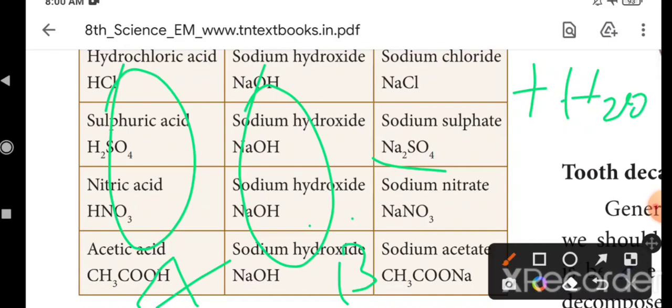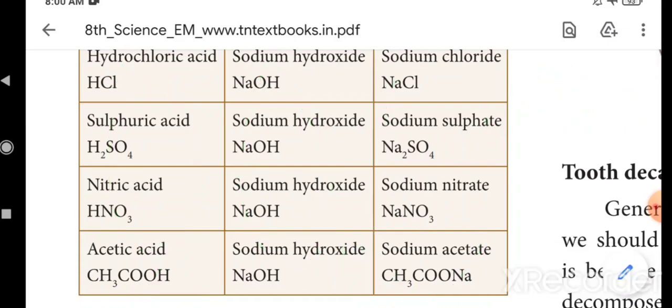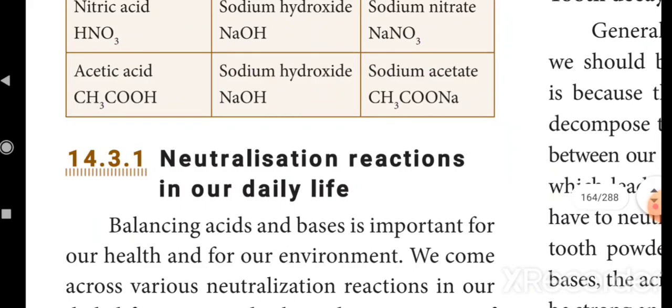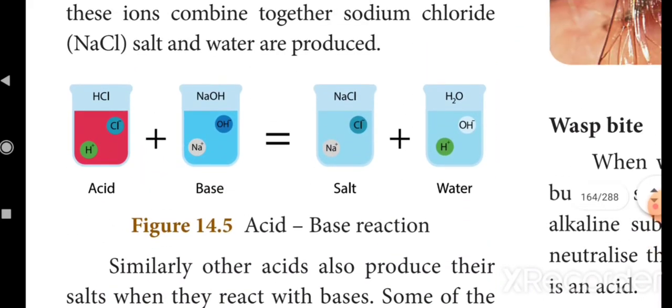This is the salt. Do you understand what a neutralization reaction is? The basic formula: acid plus base equals salt plus water.